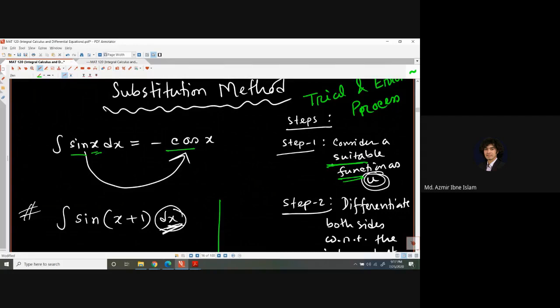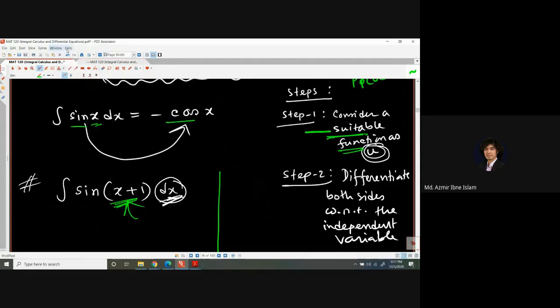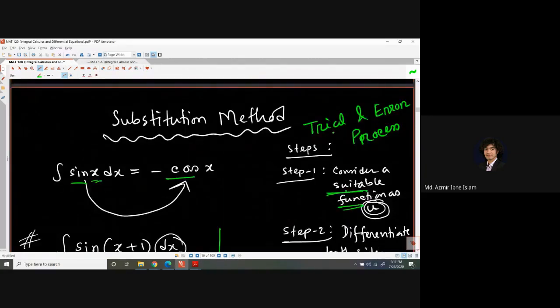Suitable means that after differentiation, if we are able to convert all x to u, or the calculations are becoming easy, or we are getting a formula directly. So whatever consideration we have made in step 1, that function will be the suitable function. And if we don't have the suitable function, we can think about other functions. So it is a trial and error process. You will learn by making mistakes.